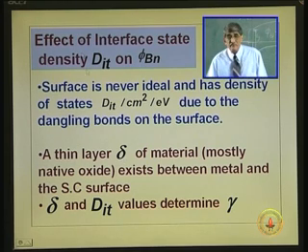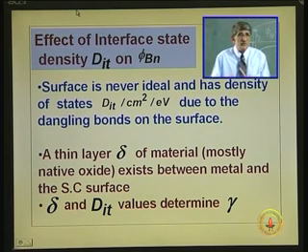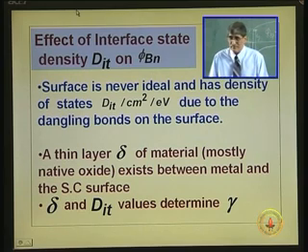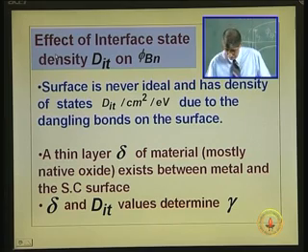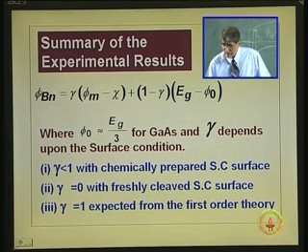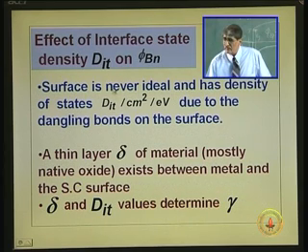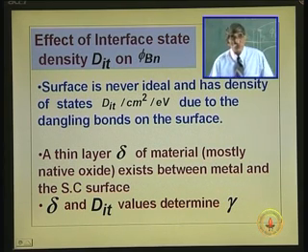So, now let us take a look at a little bit more of the physics of this one. Effect of interface state DIT on phi B n, because we have seen here phi B n and gamma. So, here what we are seeing is the effect of interface state on phi B n through gamma.